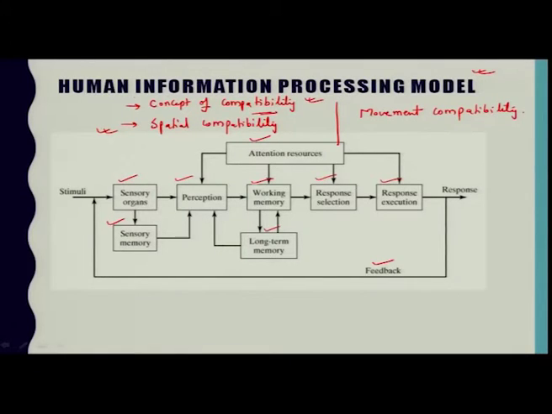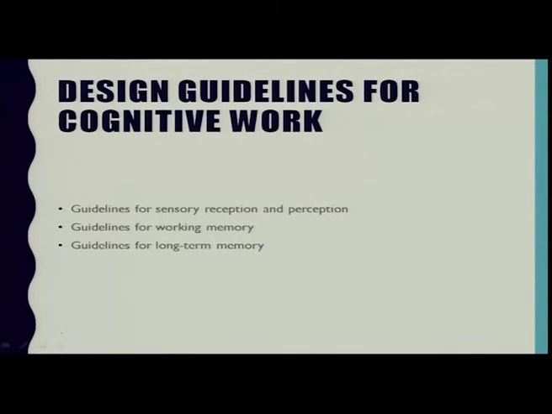So the whole coverage of these topics is organized according to the principal phases of this human information processing, and now we will go on to understand the guidelines for various cognitive work elements. First we will discretize our discussion on the basis of the various components of the human information processing model.